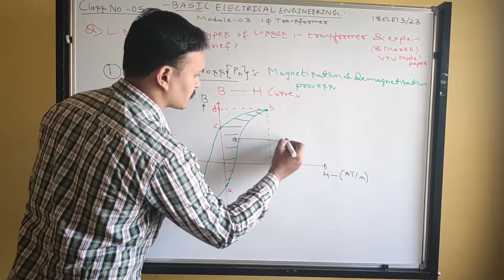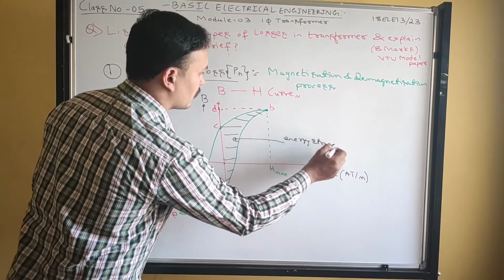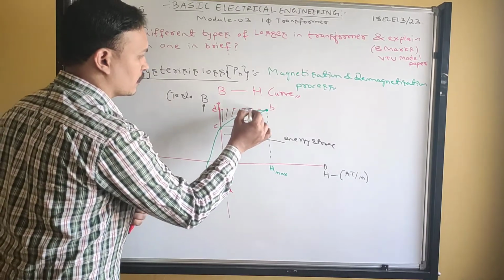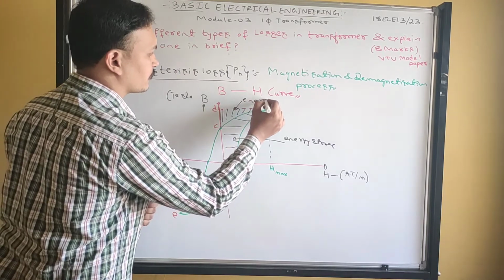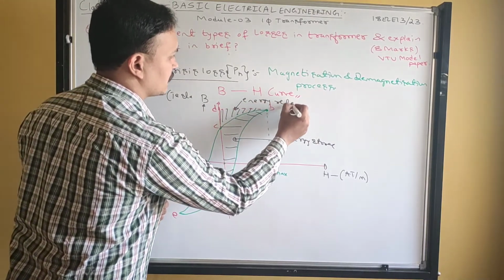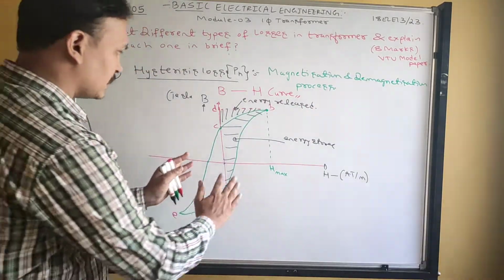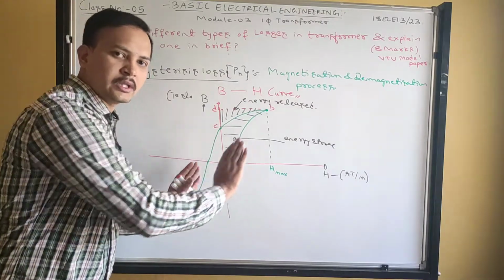During the positive cycle, energy will be stored. And this portion is called energy released. So what I have written, this entire shaded portion, is the process taking place during the positive half cycle.